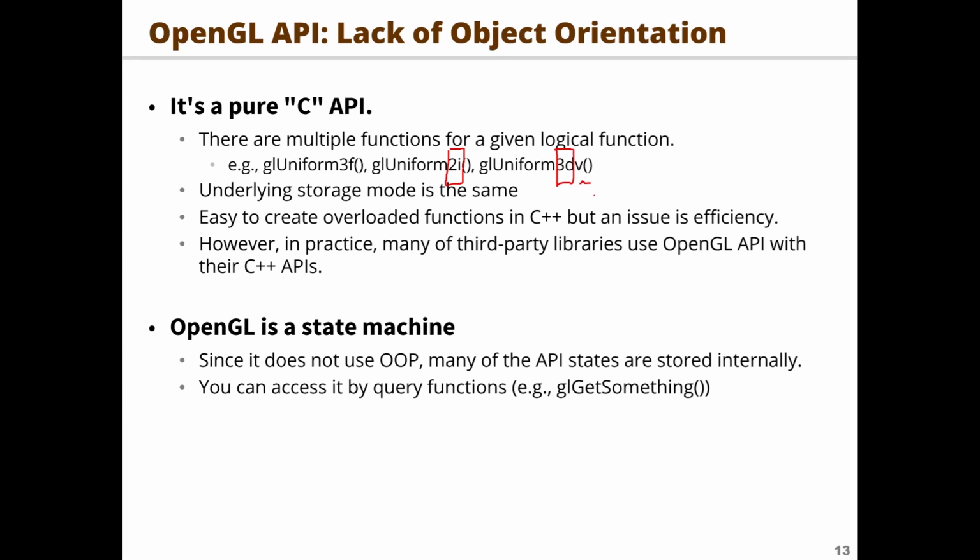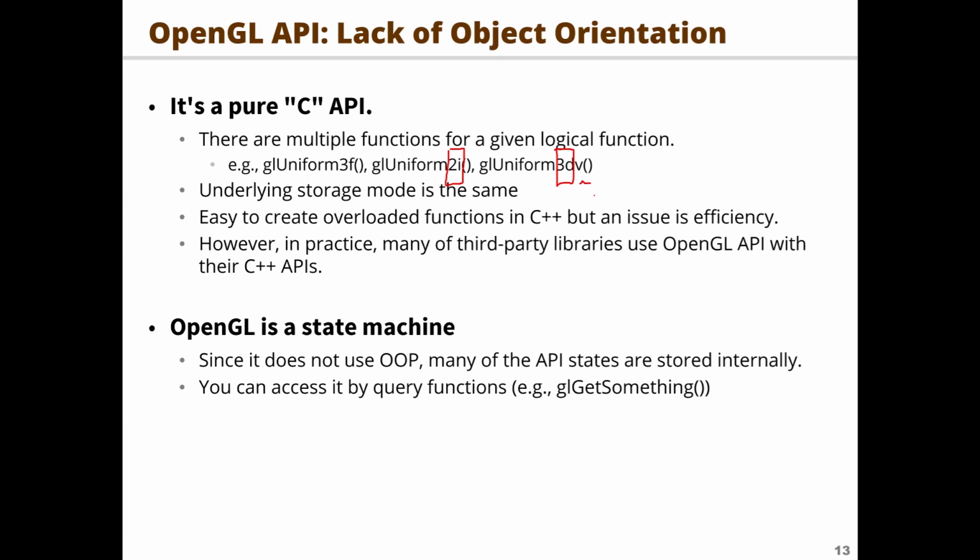So it is a C API, so we can easily create overloaded functions in C++. But an issue is efficiency. So always we have two function calls to call a single C function. But this efficiency issue is not really important, but the more serious problem is there's no standardized way of creating a C++ wrapper.